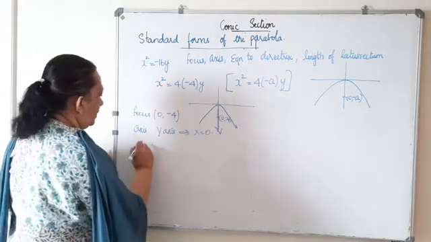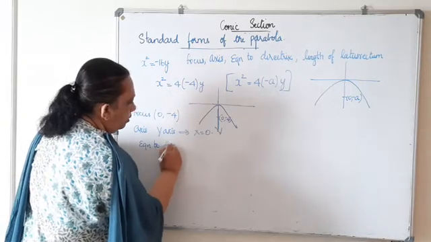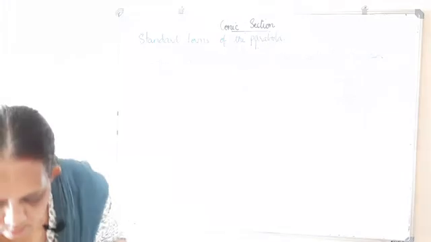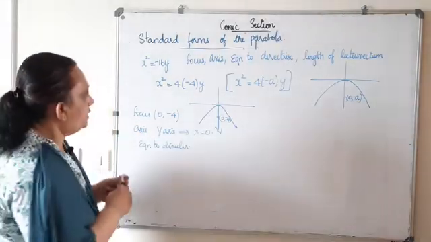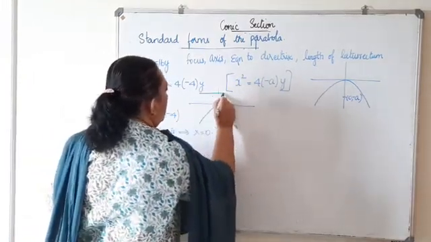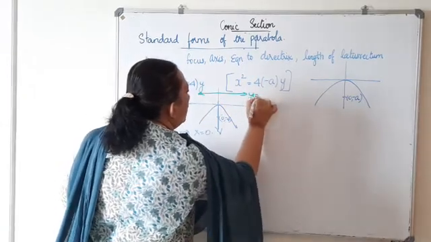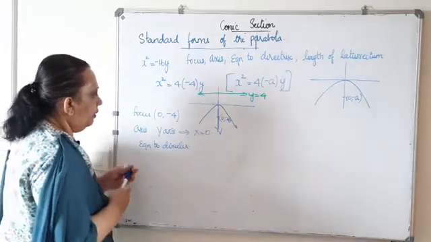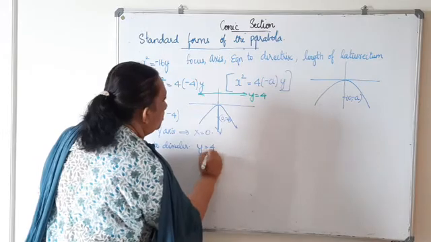Equation to directrix is y is equal to 4.